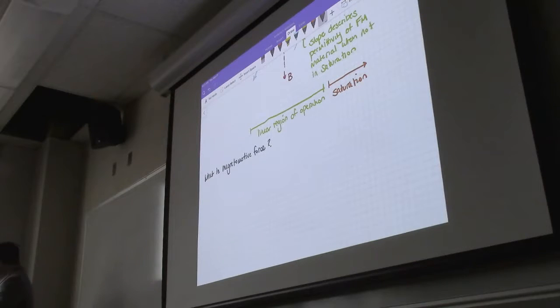So the magnetomotive force, equation 260 from the text, tells us that the magnetomotive force is equal to the flux times the reluctance, which is this fancy looking R. So this is reluctance.